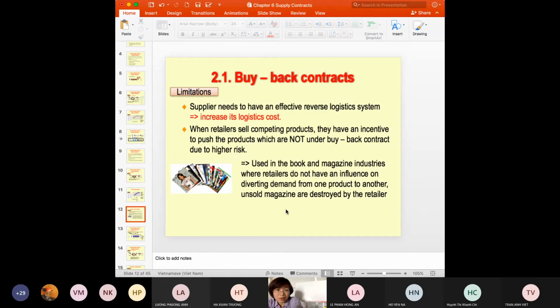When the retailer sells competing products, they have an incentive to push the products which are not under buyback contract, due to higher risks. So what does it mean?